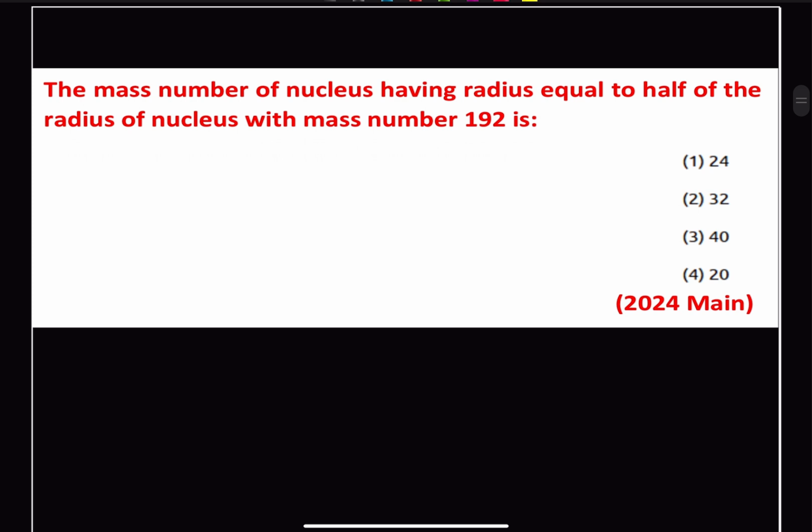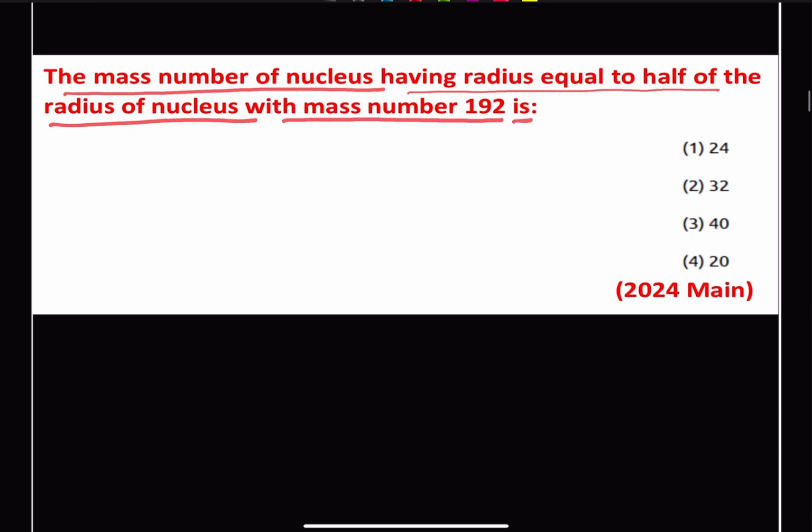It states: the mass number of a nucleus having radius equal to half of the radius of the nucleus with mass number 192 is. So once again, we are going to use the formula for the nuclear radius and start from there.